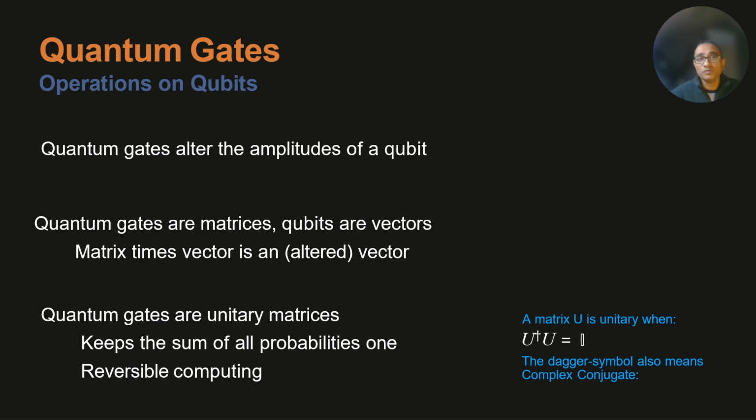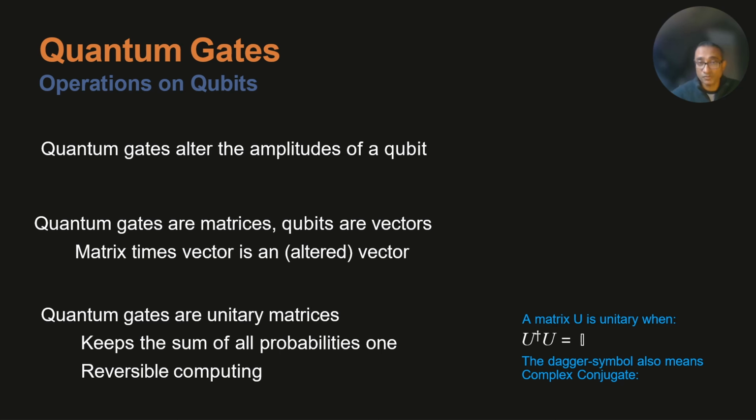Now, an important property of quantum gates, very important to keep in consideration, is that they are unitary matrices. If you do not know what a unitary matrix is, do look at the course on quantum linear algebra.